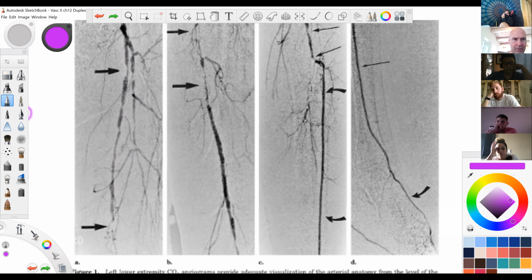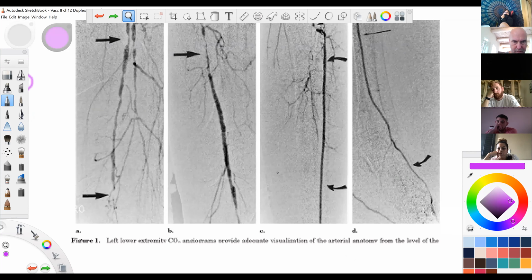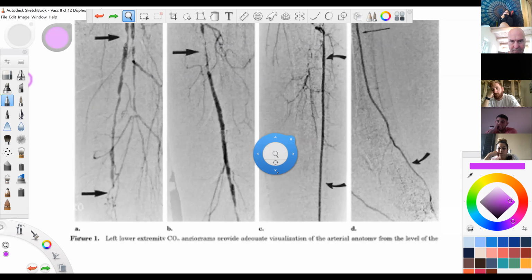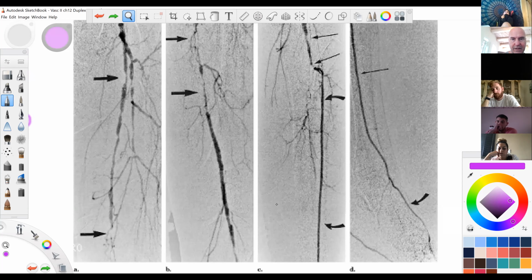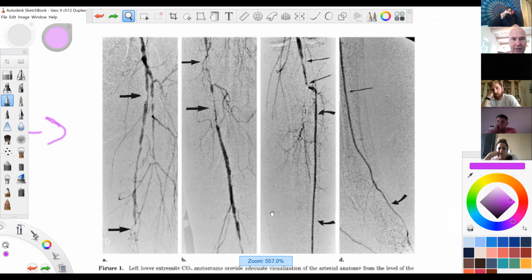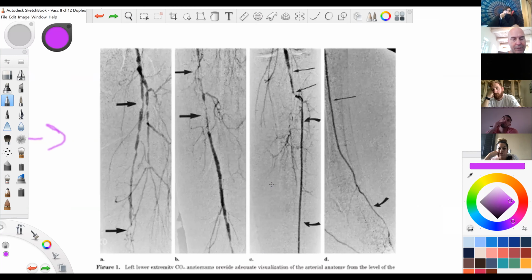Is this all the same? I think it's all the same person. It's hard to tell. The first picture is easy enough, but getting a little difficult to see what's what. But obviously we have like trickle flow here, trickle flow there.